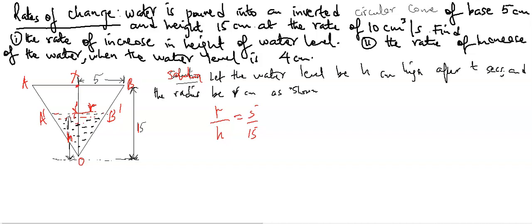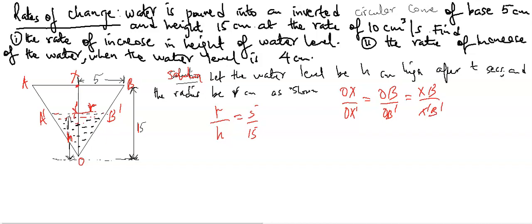If you use the linear scale factor, we have that OX over OX' is the same as OB over OB', which is the same as XB over X'B'.